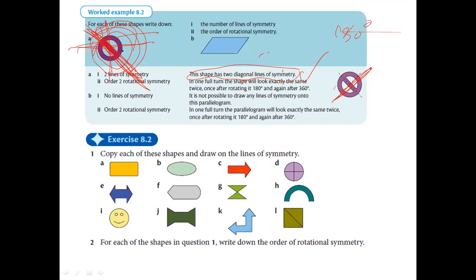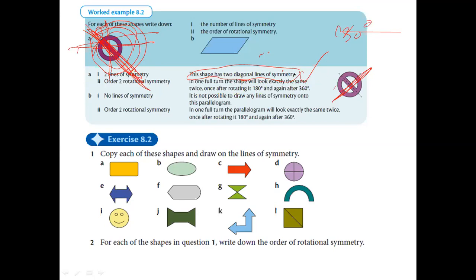Am I right? At which angles will we get the same shape? 180 and 360. In one full turn, the shape will look exactly the same twice: once after rotating it 180 degrees and again after 360 degrees.